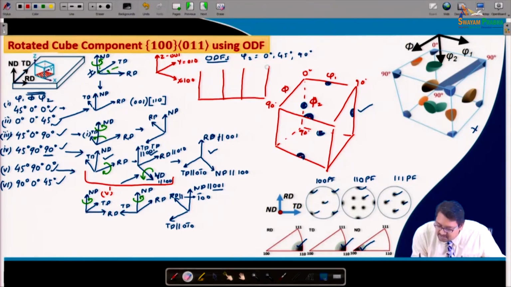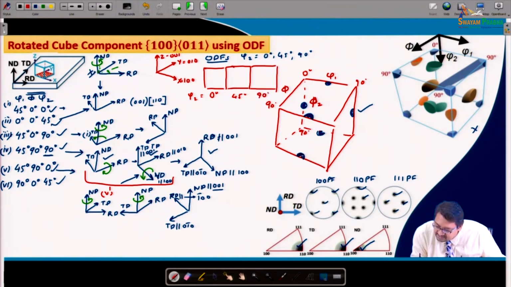Give me a moment, I will make it better. So, this is 0 degree phi 2 equal to, you see I am making 45 degree, and this is for the 90 degree section, and you see this is 0, 90, and this is again 0 and 90, and this is again 0 and 90 for the first, second and third orientation space, and this is also 90 for all of these boxes.